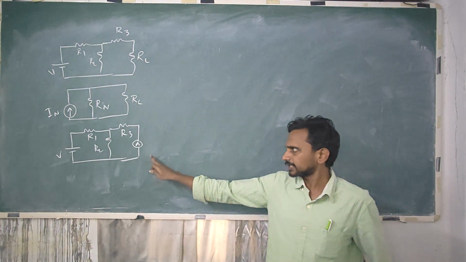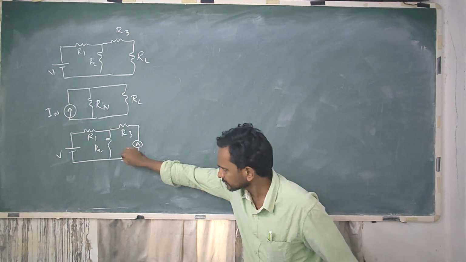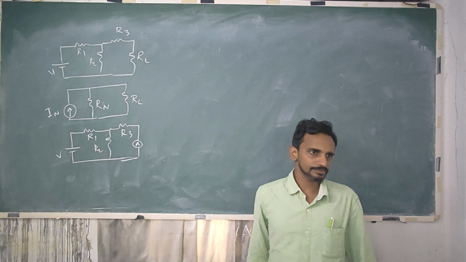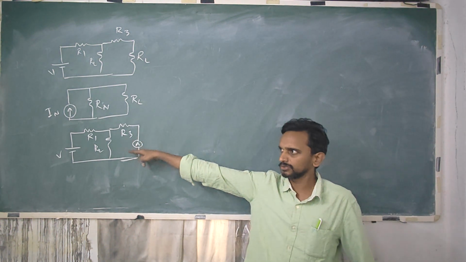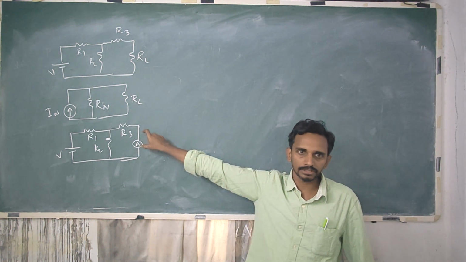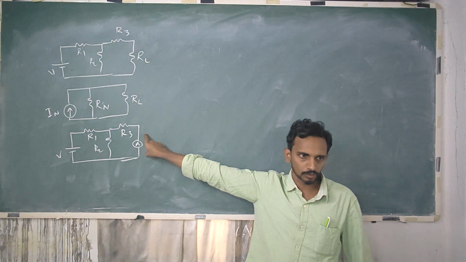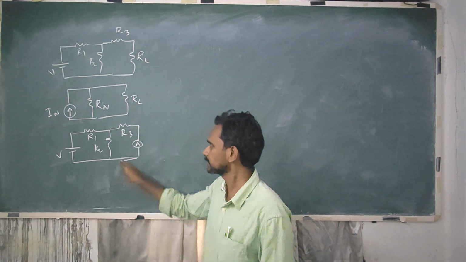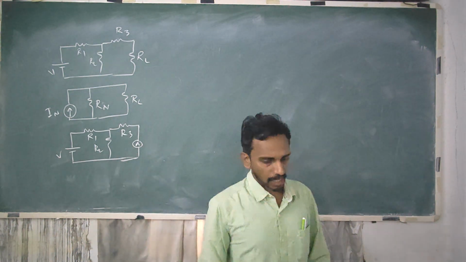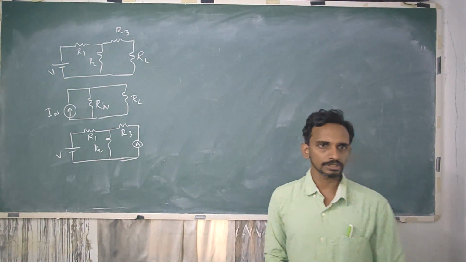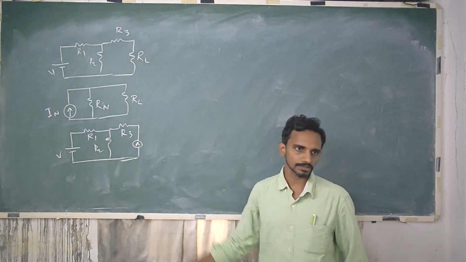So since this is an ammeter, circuit closes. In the case of Thevenin theorem, we have used a voltmeter here. So internal resistance of voltmeter is infinity, circuit opens. So this part can be neglected in that case. Here ammeter internal resistance is 0. So it is a straight connection.